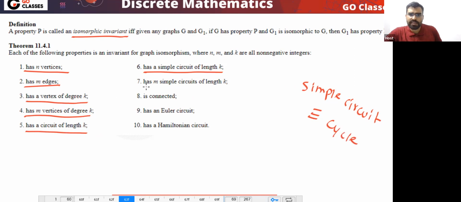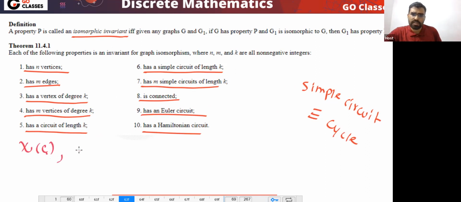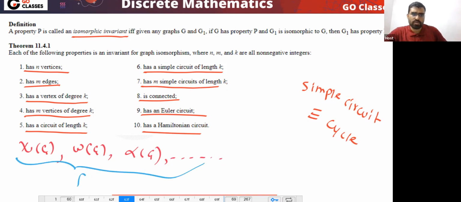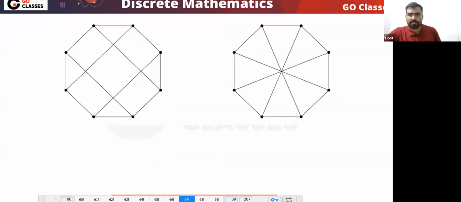Has m cycles of length k, is connected, Euler, Hamiltonian; these things we will study. There are many others like coloring number, omega number, independent number. We will study these concepts in the future. But the point is that these concepts are also graph invariants. They must be the same for two isomorphic graphs.